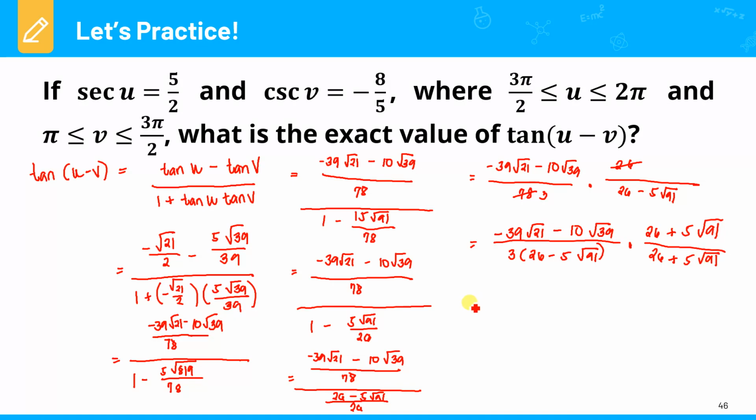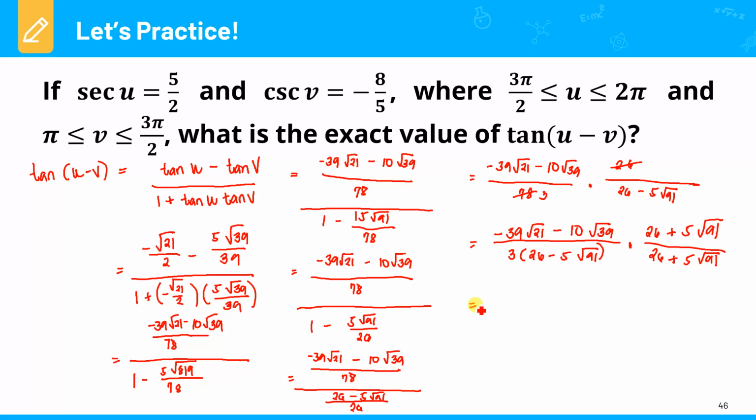So for the denominator, you have 26 squared minus 5 square root of 91 squared times 3.